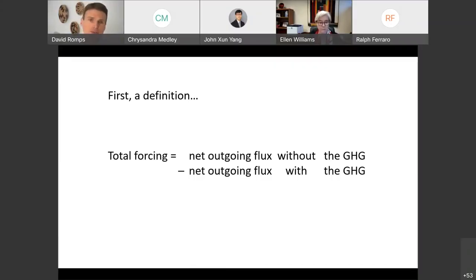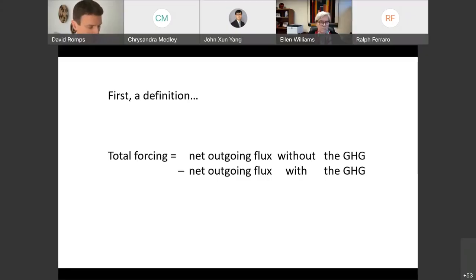If you want to know the forcing from, say, a doubling of the greenhouse gas, you need to take the total forcing at 2Q, where Q is the concentration, minus the total forcing at just Q. So it's the difference between the total forcings that gives you the forcing from a doubling. Total forcing again is net outgoing without the greenhouse gas minus net outgoing with the greenhouse gas at the concentration that you have.